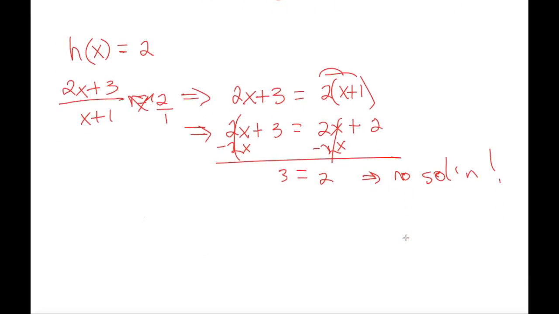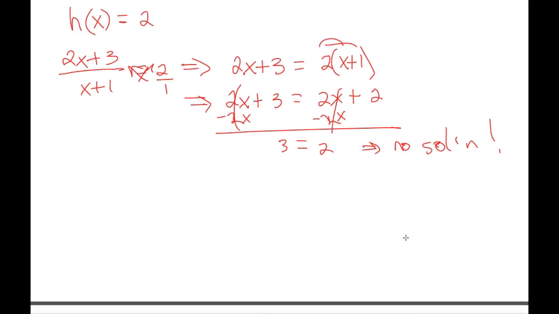So the last thing that we need to talk about is the behavior of the function around the vertical asymptote x equals -1.